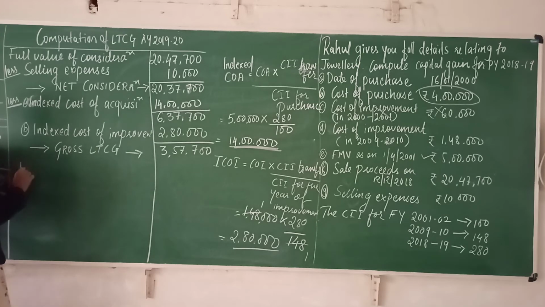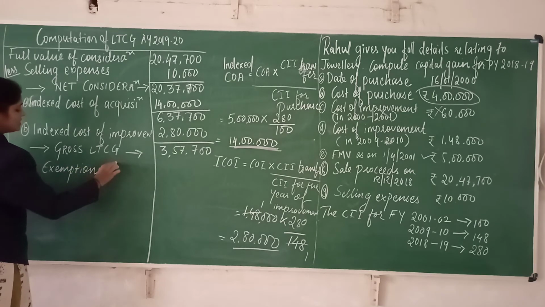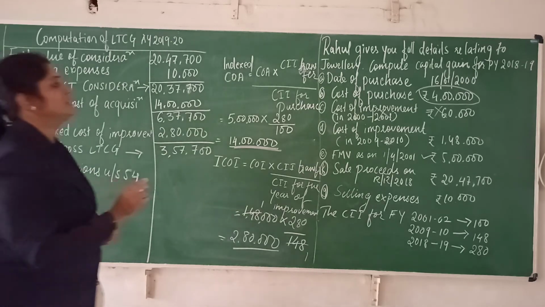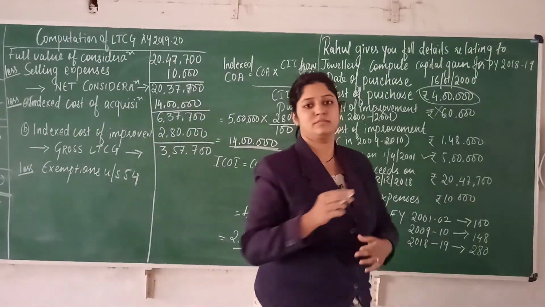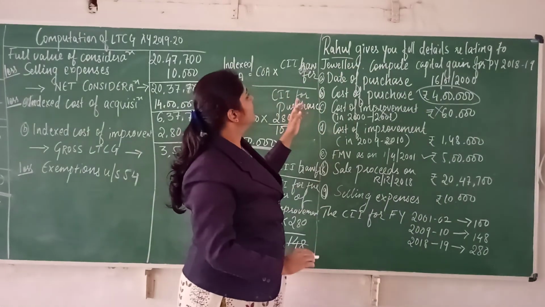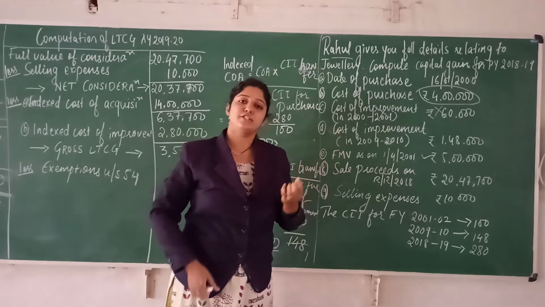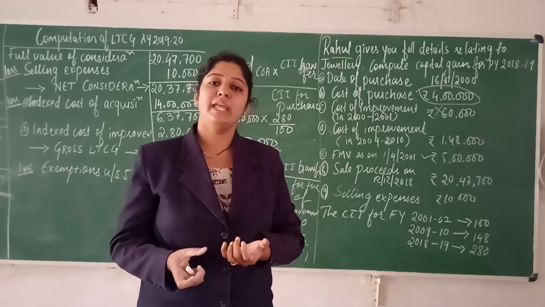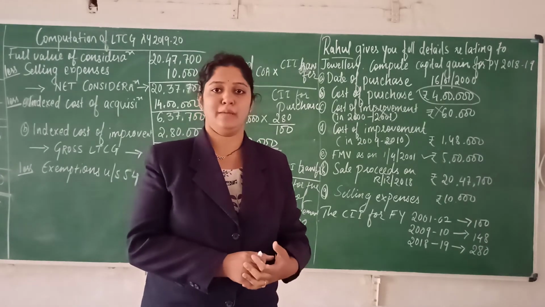From gross long-term capital gain, we need to deduct exemptions under section 54. What is the name of the assessee? Mr. Rahul. Rahul, after selling the jewellery, has not invested the money in any asset, nor has he deposited it in any scheme.